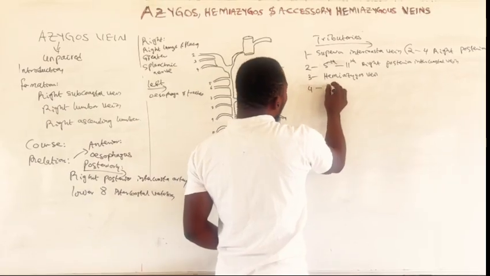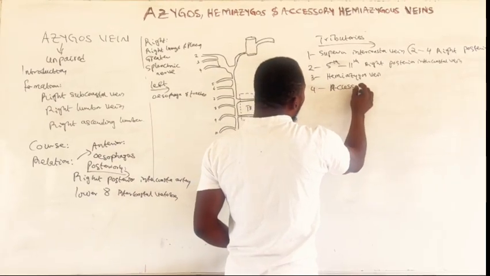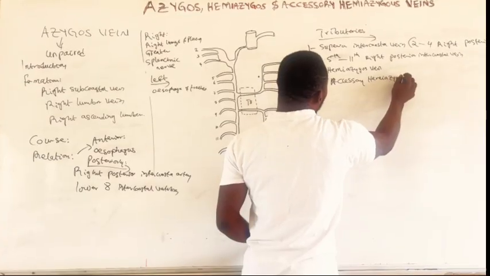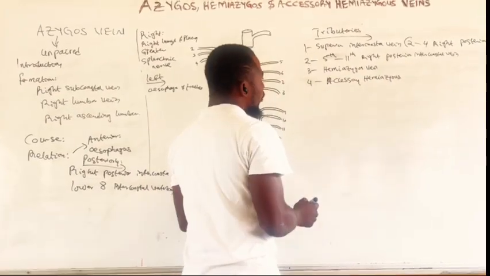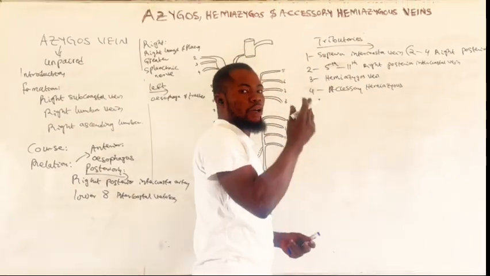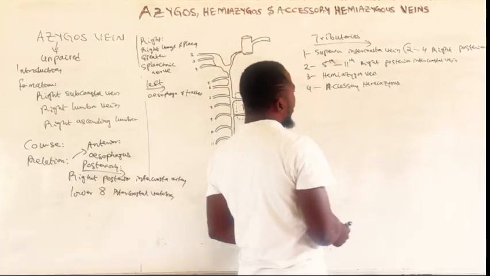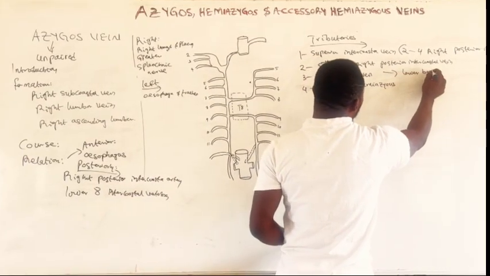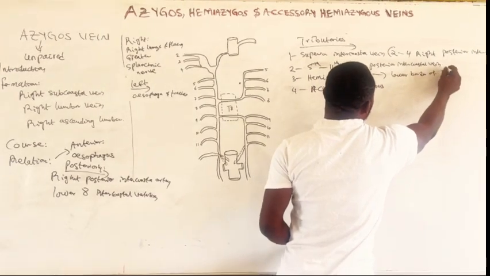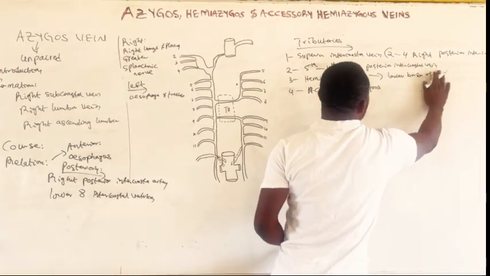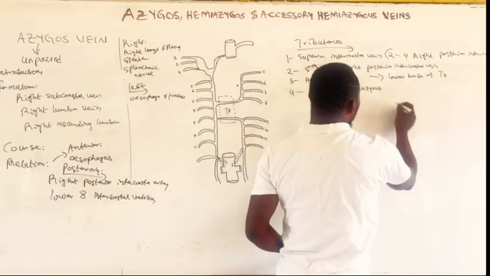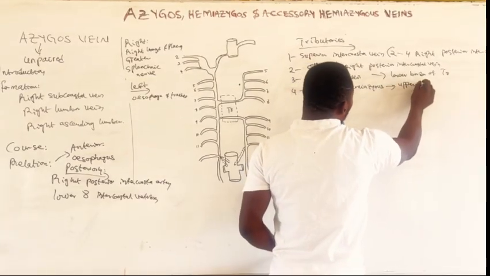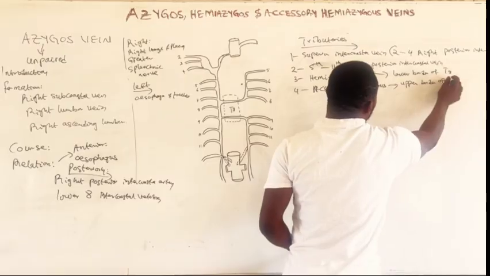Next one is accessory Hemiazygos, also a tributary of Azygos vein at the level of the upper border of the 8th thoracic vertebra. Hemiazygos is at the lower border of 8th thoracic vertebra, whereas the accessory Hemiazygos is at the upper border of 8th thoracic vertebra.